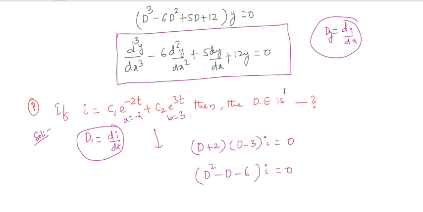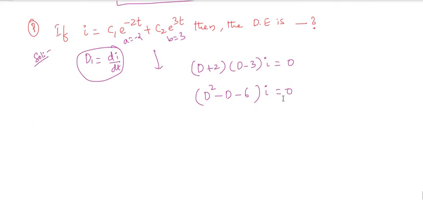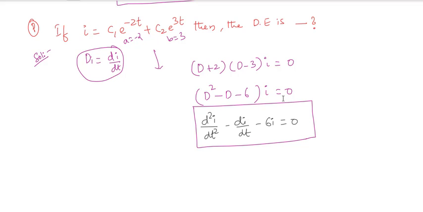Now simplifying with respect to t, that is d square i by dt square minus di by dt minus 6i is equivalent to 0. So this is the differential equation for the corresponding equation. Am I right or not? So that is how you have to take it.